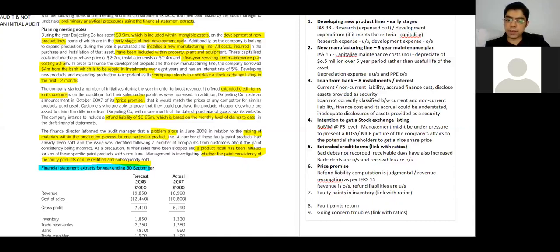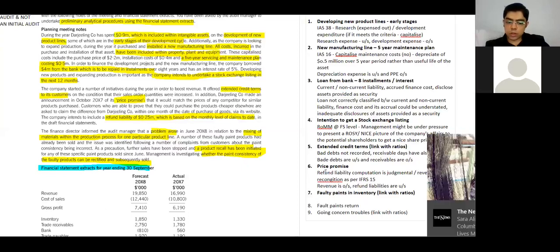Faulty paints in inventory. We also need to talk about there is a fault in the paints, so there must be certain paints which are lying in the inventory and they may not be rectified because they're still checking if they can be rectified and subsequently sold. So what is the relevant accounting rule? That is IAS 2, inventories.